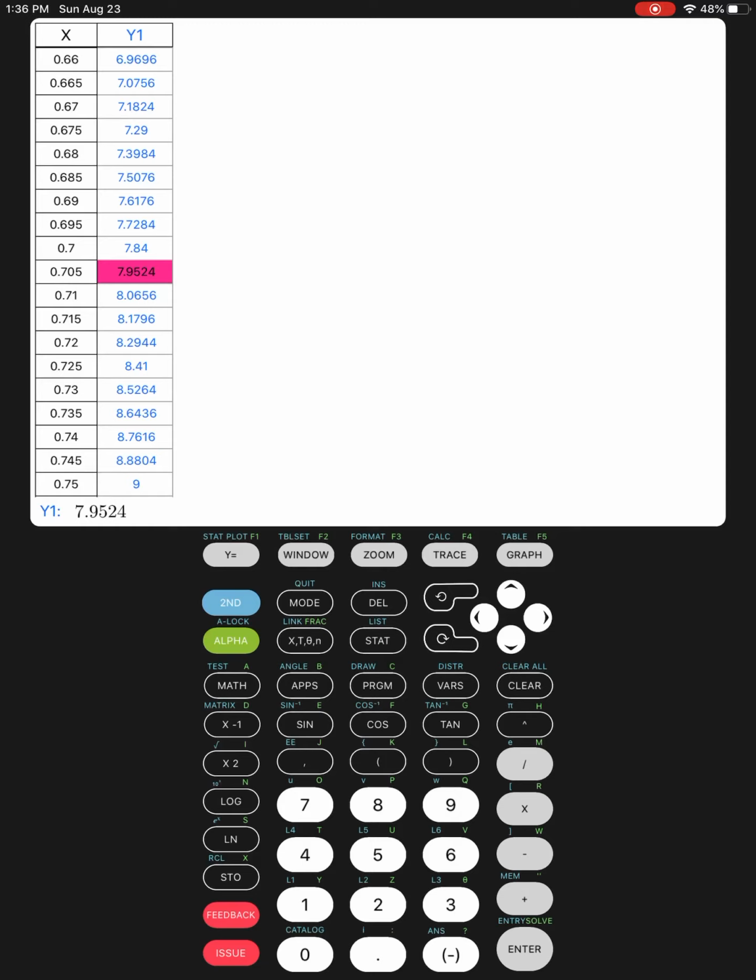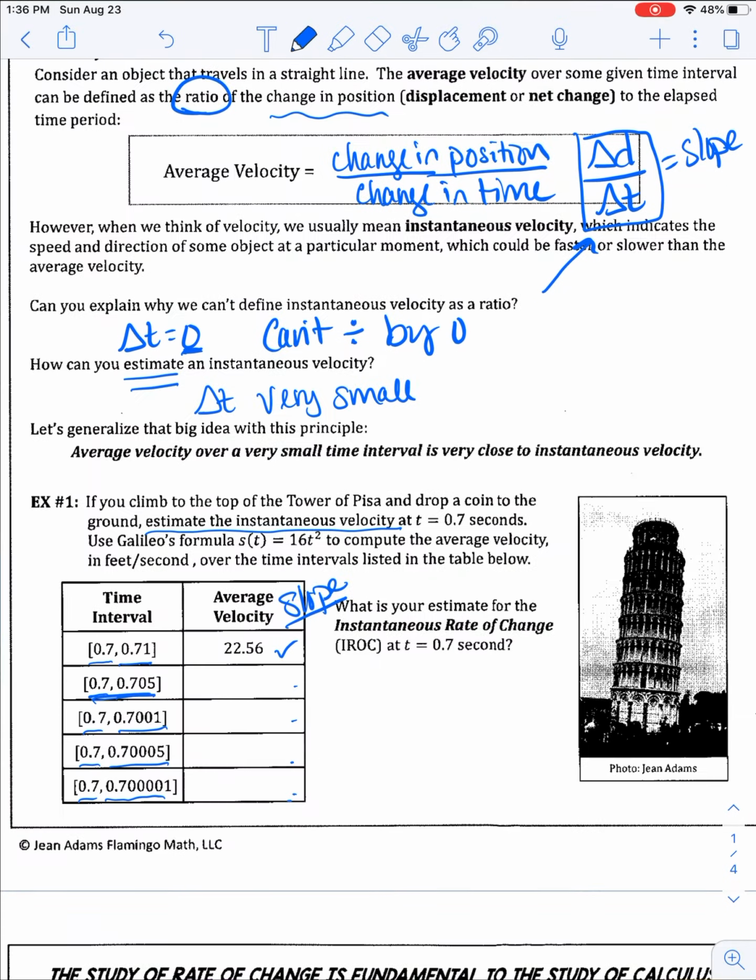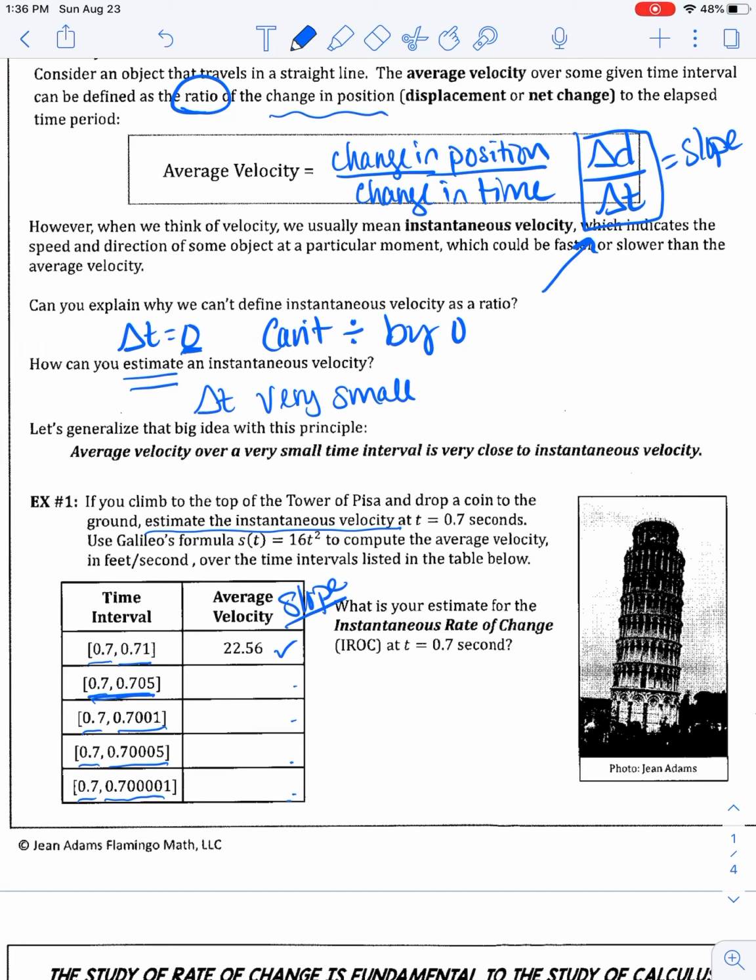So I would do y minus y over x minus x, and that is going to give me 22.4016. And again, I'm chopping decimals, so when we write a conclusion, we want to make sure we're using the word approximately or about.